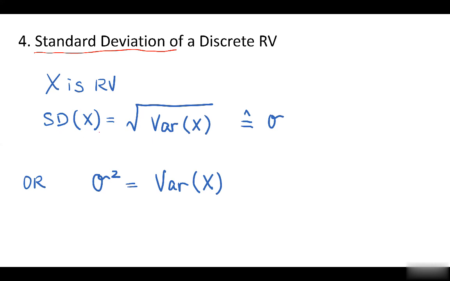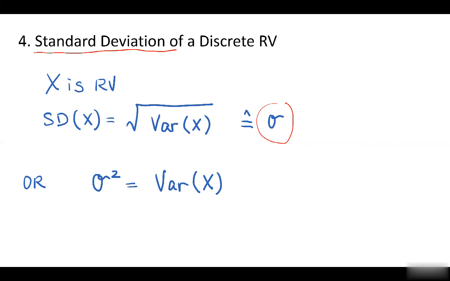The standard deviation of x is the positive square root of VARX, which is denoted as sigma. So sometimes VARX is written as sigma squared. Understand? The reason why we introduce standard deviation is to convert the squared unit back to the unit in the original setting, right?